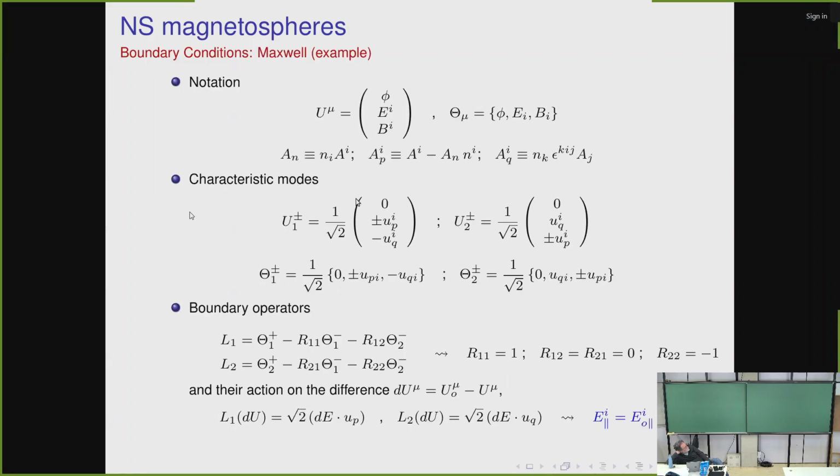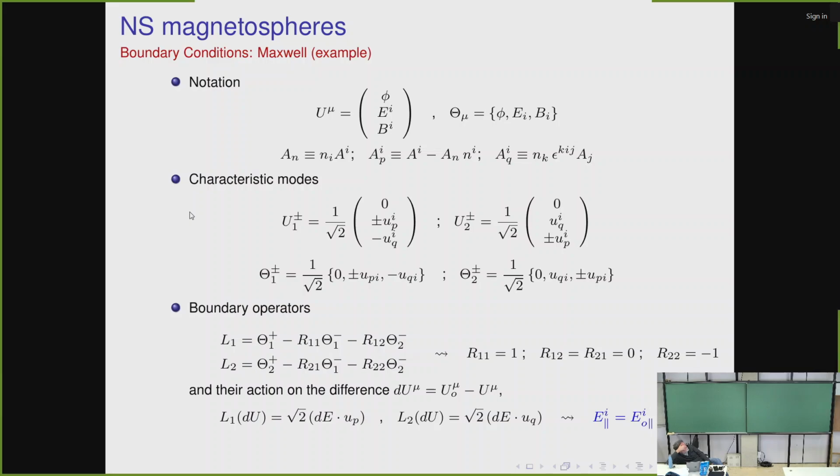And these are the characteristic modes of the vacuum Maxwell equations. Essentially, the fields are transversal to the propagation. This is why we see here these P and Q, which are the two independent transversal components of the field. In this case, a perfectly conducting interface or boundary condition is similar to having a mirror, right?